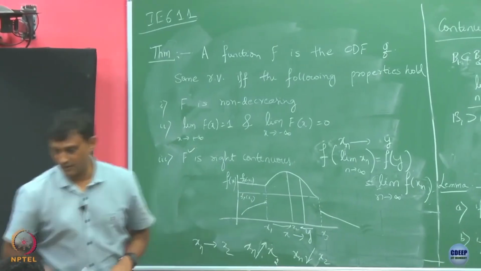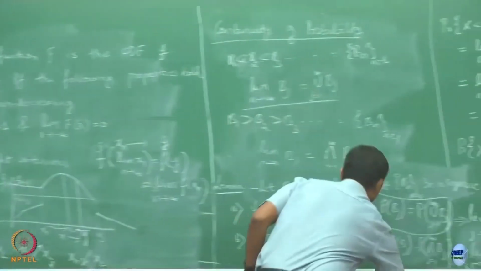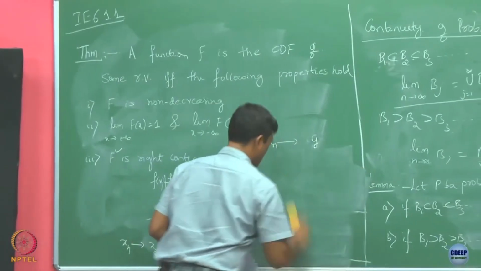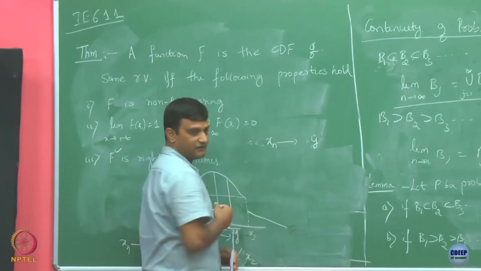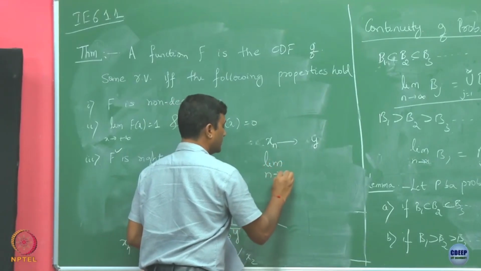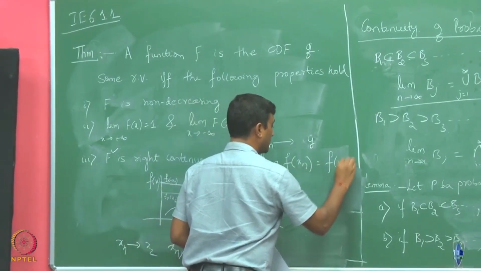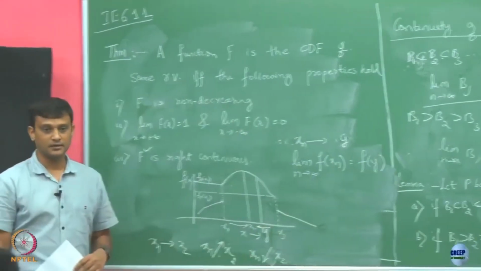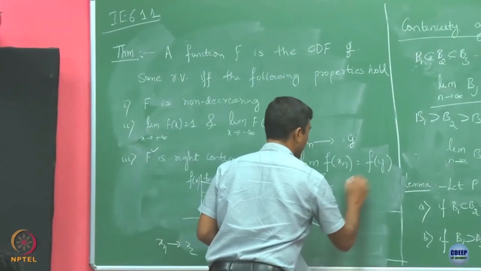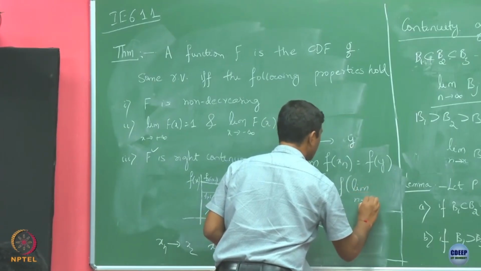Or maybe I should have written this one in a slightly different way. So if f is a function continuous at y, we know that the limit as n tends to infinity of f of xn equals f of y. But what is y? y is nothing but the limit of xn, right?